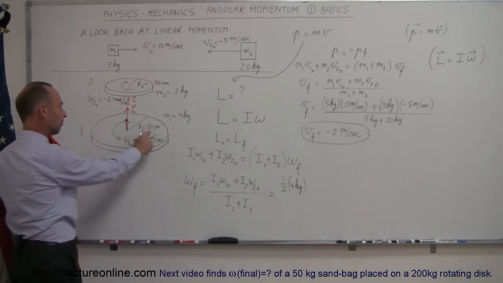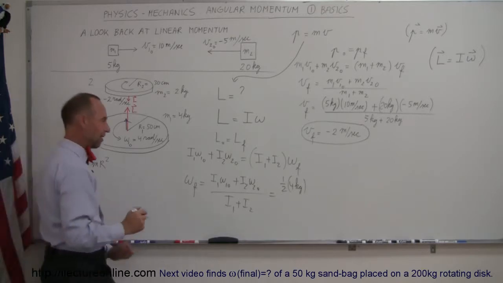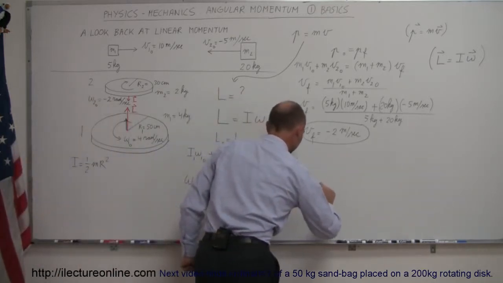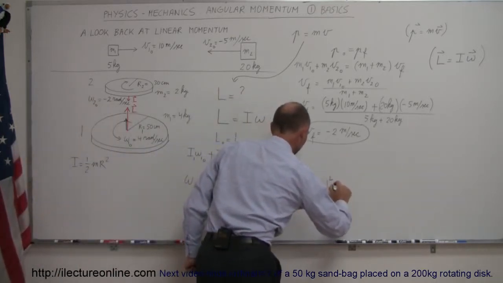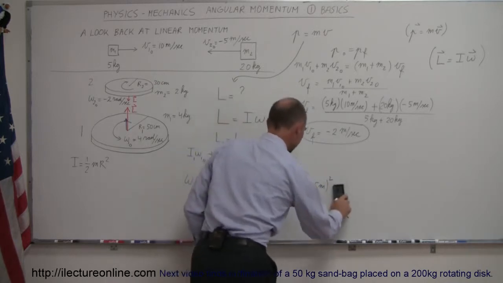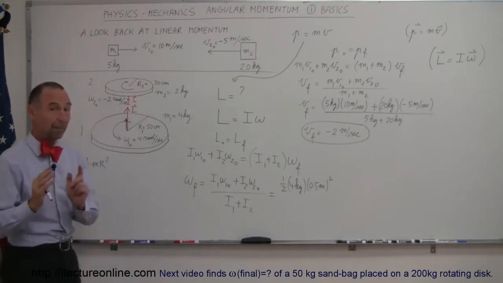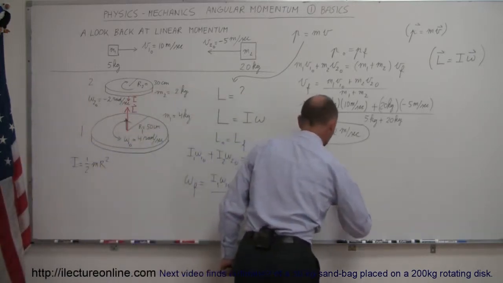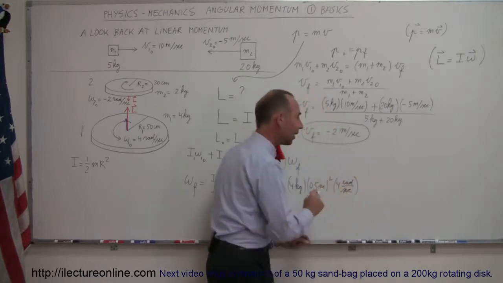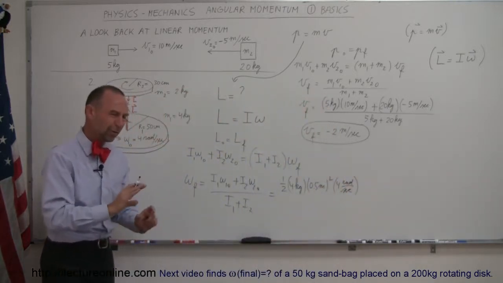The radius is 50 centimeters, which makes it 0.5 meters, so 0.5 meters squared. Not done yet. Now we have to multiply times the angular velocity, which we said was 4 radians per second, positive. Technically we don't have to write the word radians, but I always do just to make it easy.